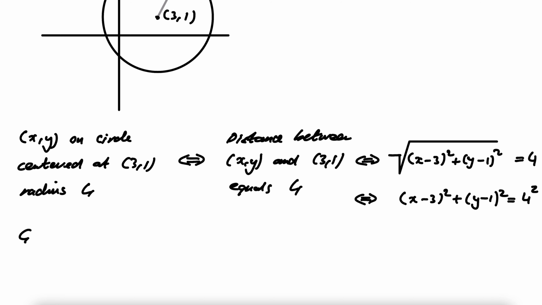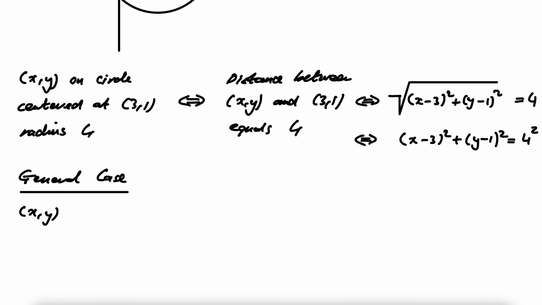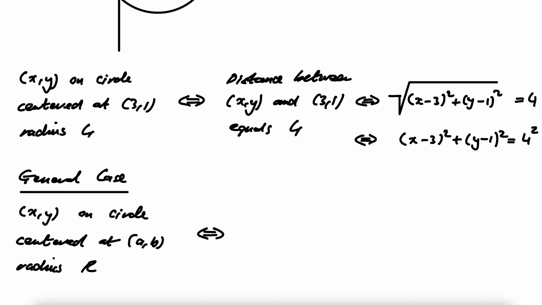So the general case is, unsurprisingly, x comma y is on the circle centered at a comma b, radius capital R, if and only if, you guessed it, x minus a squared plus y minus b squared is equal to r squared. That is the general formula.